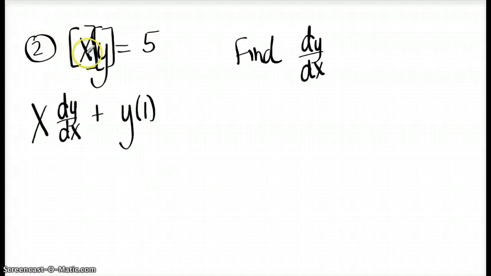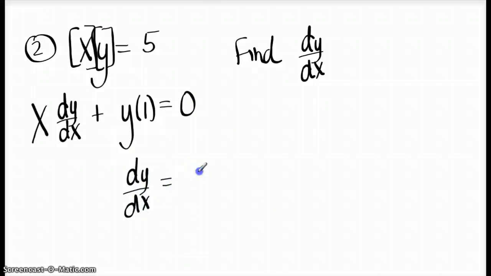The derivative of x is 1. Do I have to put a dy dx? No, because there's an x in it. Are you with me? Equals 0. Now, solve for dy dx. Questions? If you're lost, speak now.